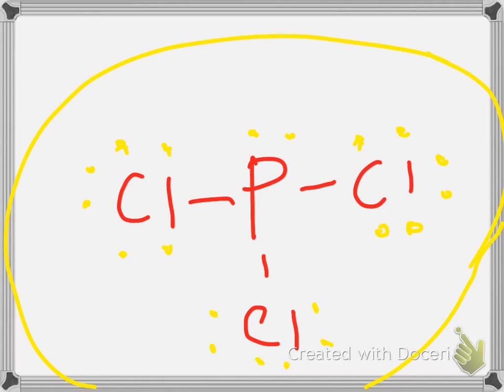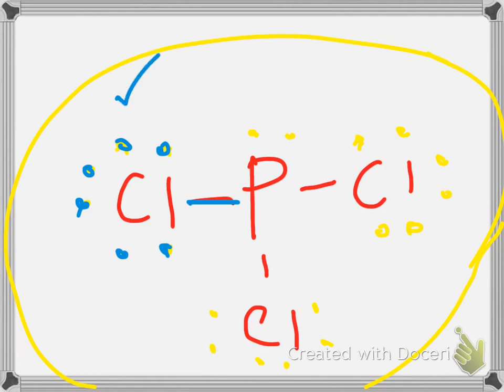Let's just double check that our structure satisfies every single atom, so that every single atom in our structure is stable. So they all need 8 electrons surrounding them. Chlorine has 1, 2, 3, 4, 5, 6, 7, 8.